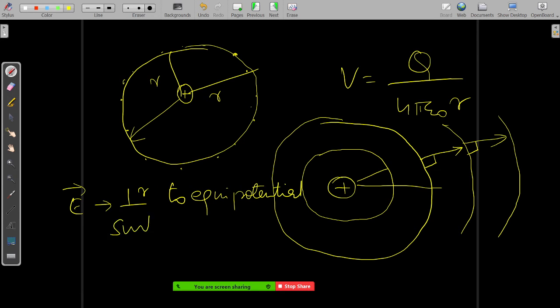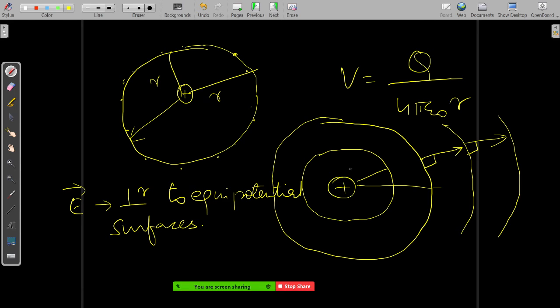So this is the second point you have to remember. The first point was that the potential basically decreases in the direction of the electric field. The second point is that the electric field basically is perpendicular to the equipotential surfaces.